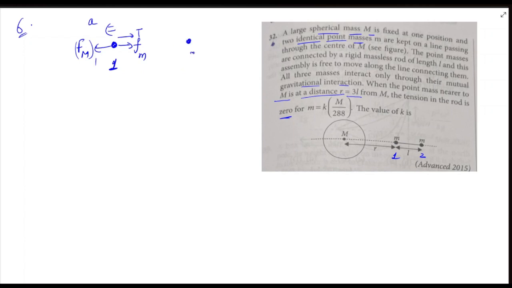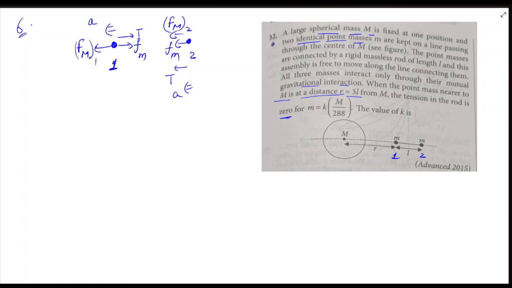For 2, small F will be here, capital F, the force due to this capital M will be F_M2, and the tension will be in this direction also, and acceleration will be in this direction. So both will have the same acceleration because this is not a string, this is a rod.